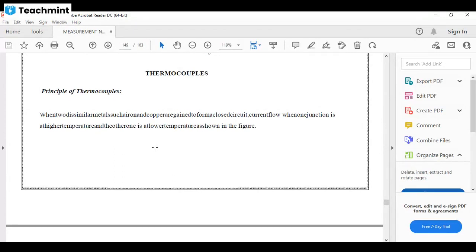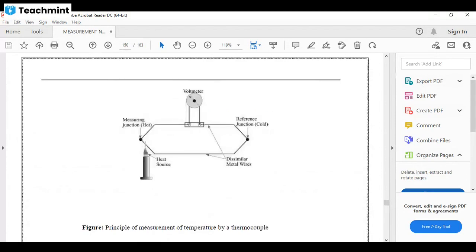So there will be a current flow. This is the junction. The main one is the hot junction, and the other is the reference junction, which is the cold junction. The two dissimilar metals are connected to a voltmeter, and a heat source heats the hot junction.